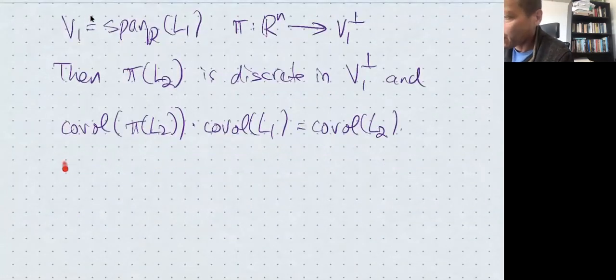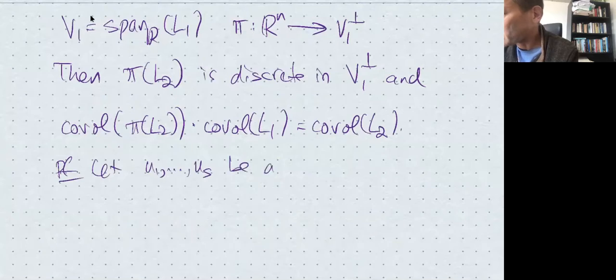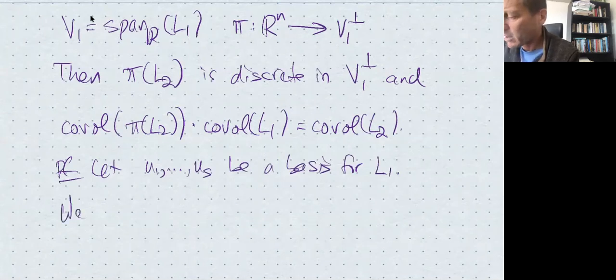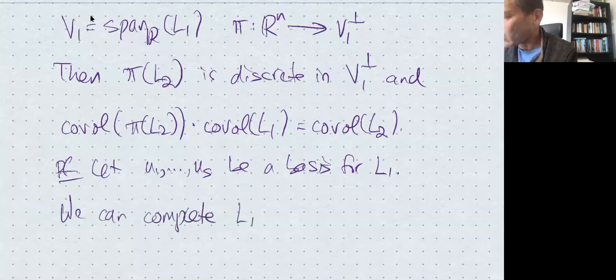So, proof. We start with a basis for L1, and we extend it to a basis of L2.